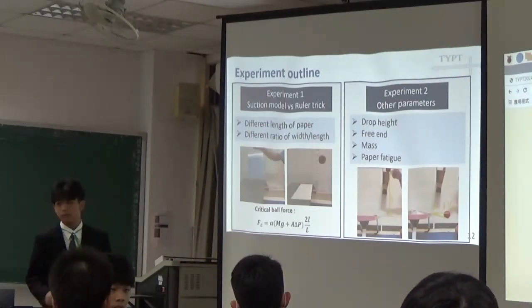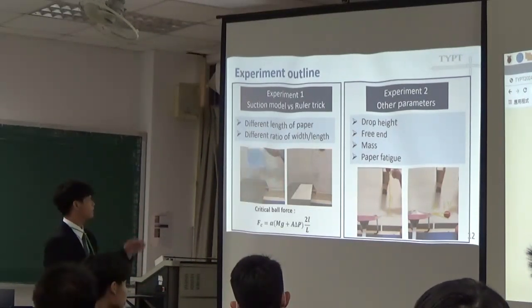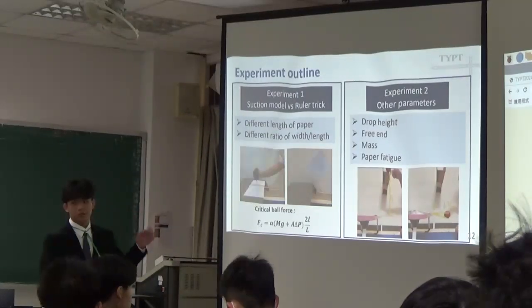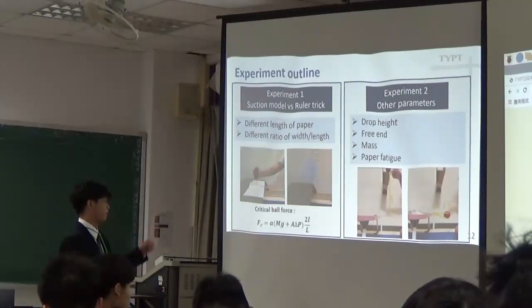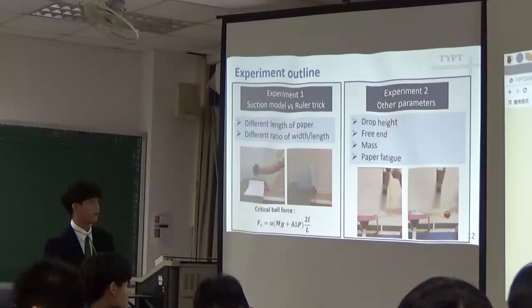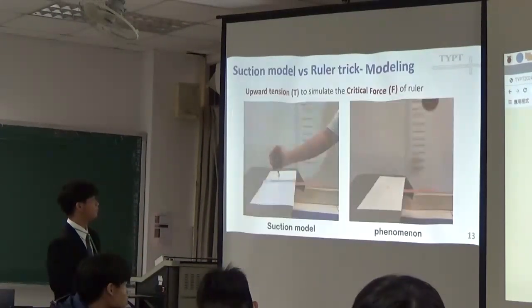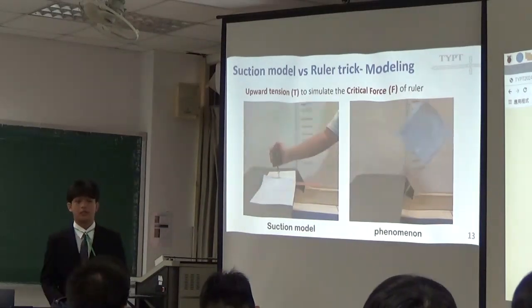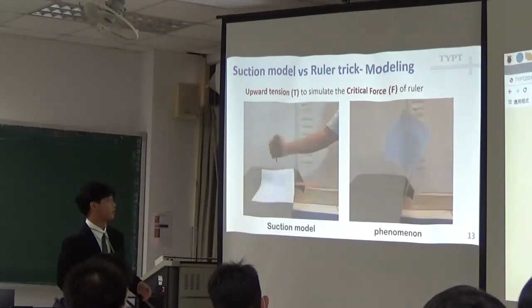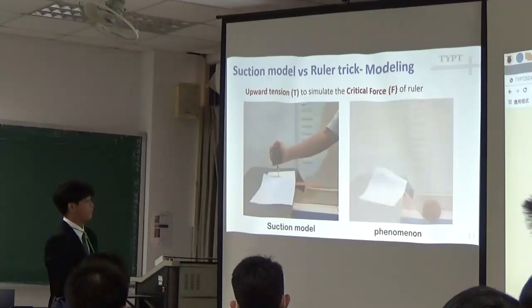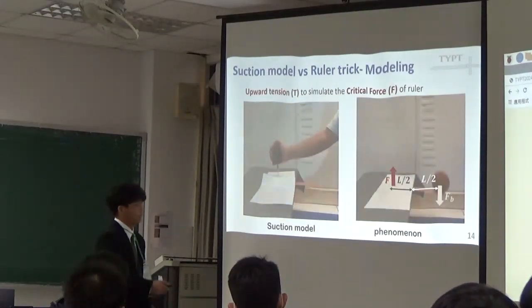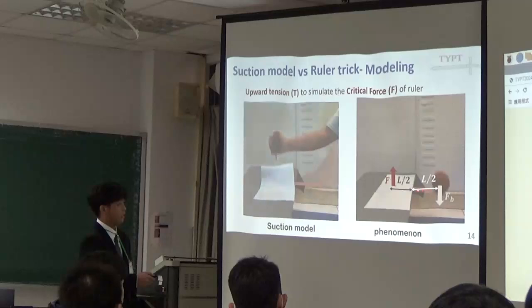Then we consider the experiment outline. First, in my experiment, I will introduce the suction model versus the ruler trick model to analyze the critical force. In the second part of our experiments, I will analyze relevant parameters. Here, I want to explain how the suction model works. From the video, we can see that the force arm is equal to the resisting arm.